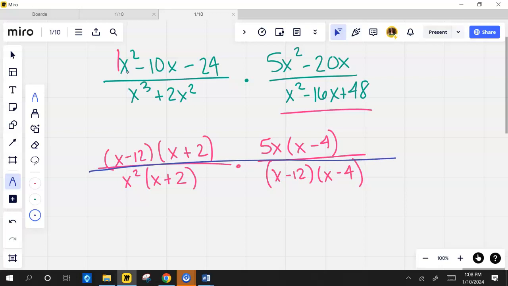When I get to this point, I make one big fraction bar, and then I start canceling out. All right, x plus 2, x minus 12, x minus 4. Absolutely, because you're multiplying. Now it's just one big fraction. Well, but it's not even 5x because look, there's 2 x's here and an x here. So it just simplifies. Isn't that satisfying? Look at what we started with and look at what we ended with.